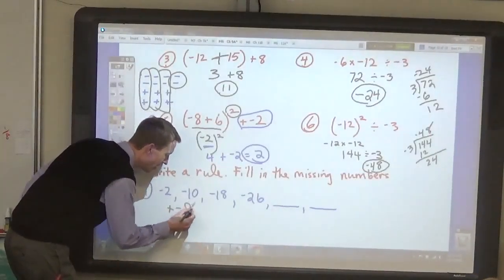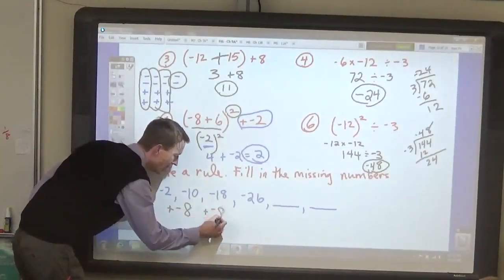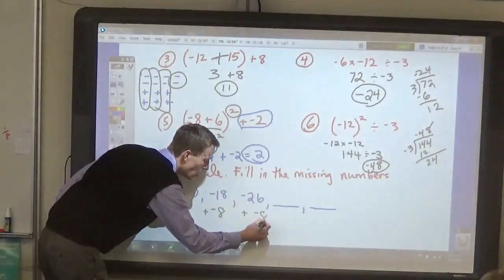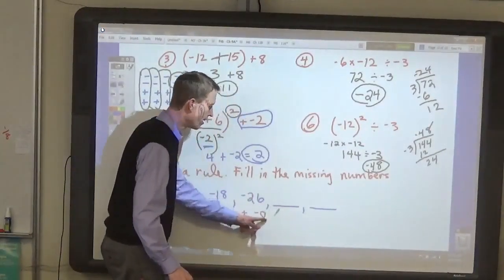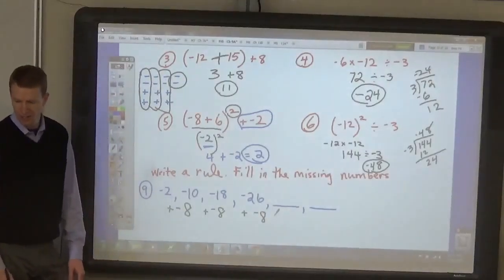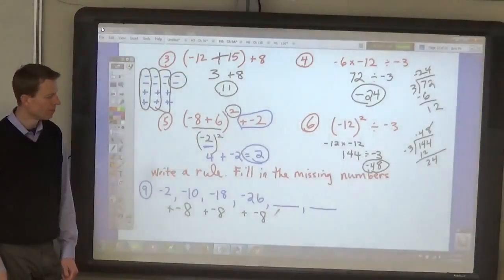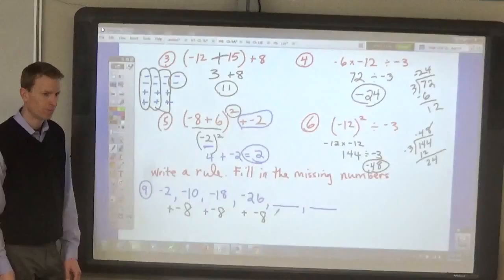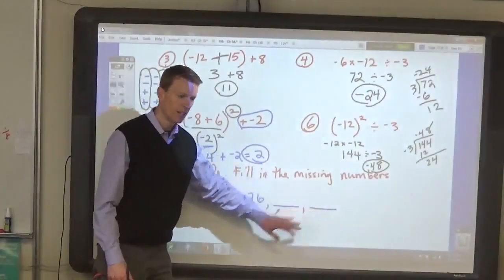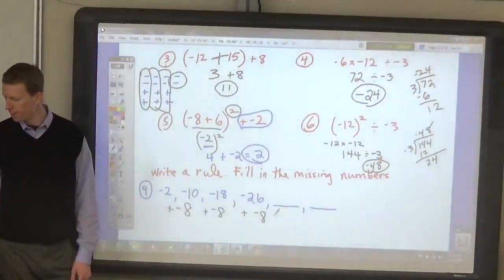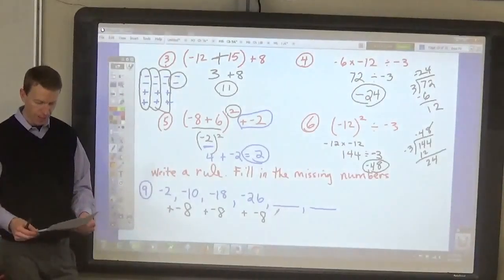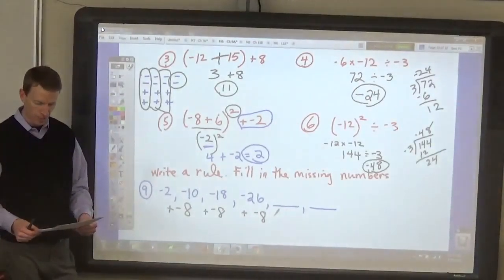Negative 8. So we keep going, plus negative 8, and you fill in the missing numbers. It's just that simple. Looking at the pattern and figuring out the missing numbers. Okay?